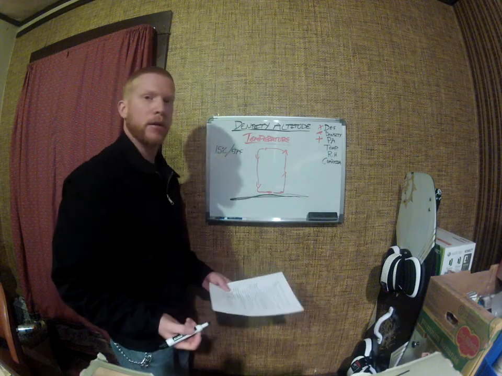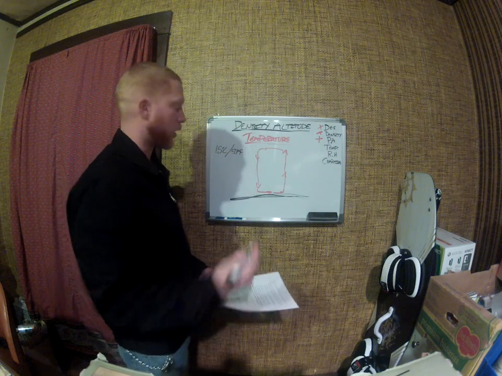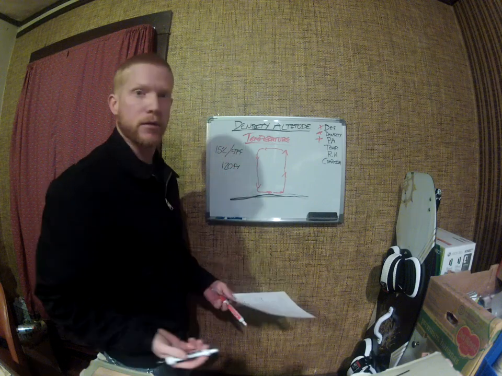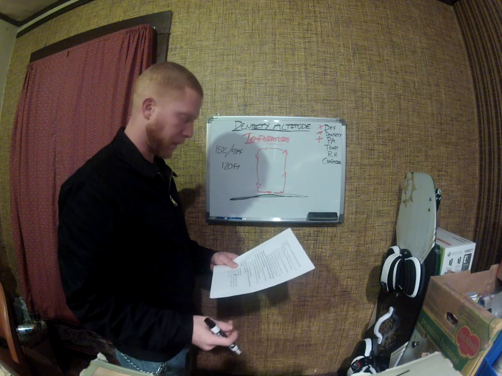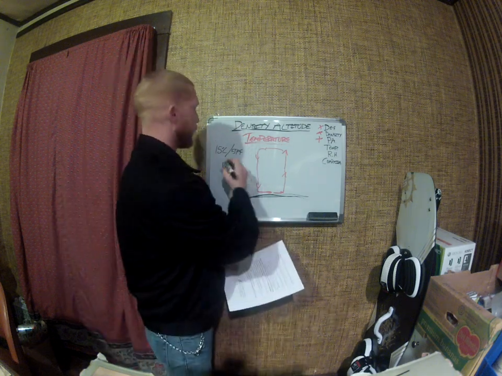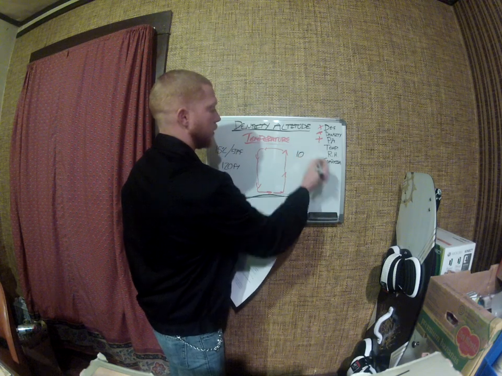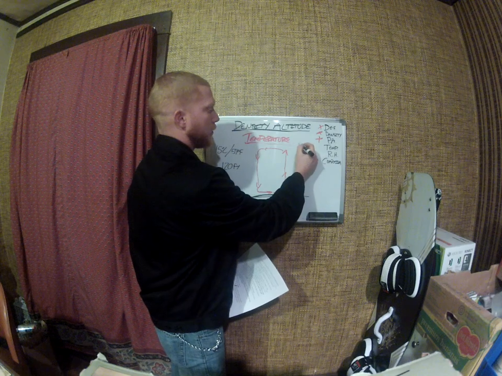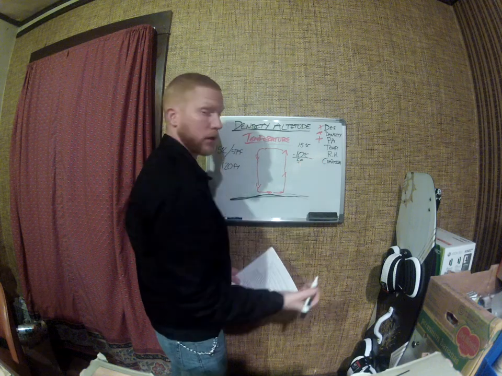For every 1 degree of temperature change in Celsius, it's going to be a 120 foot increase or decrease with your density altitude. So if you have a day that is 10 degrees Celsius, you're going to find the difference between that and 15, which gives you 5 degrees.